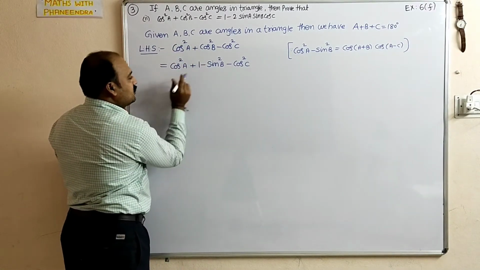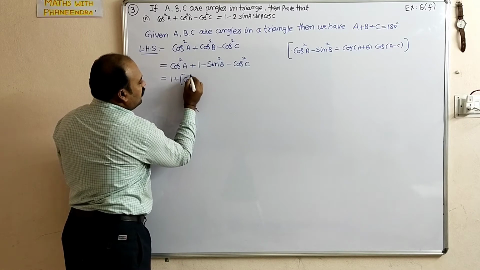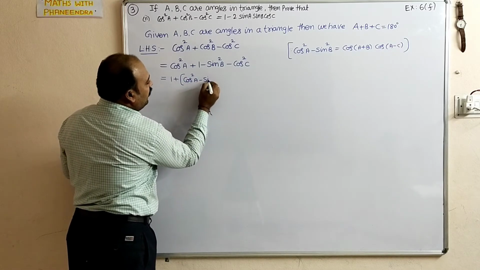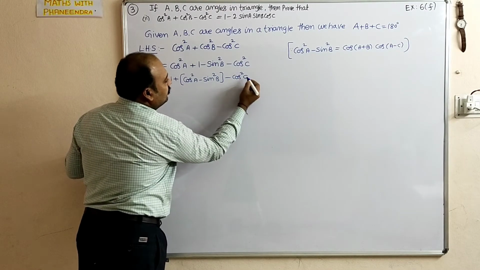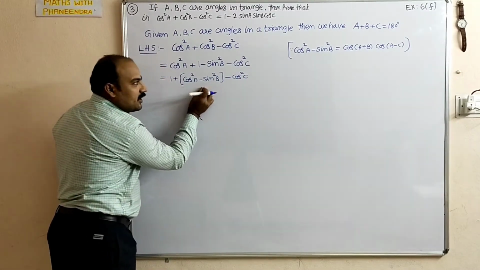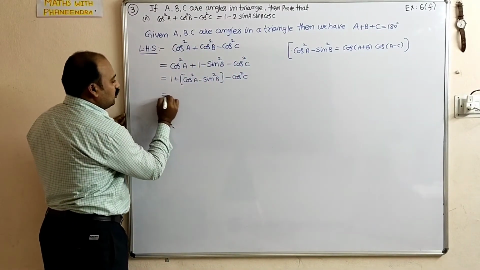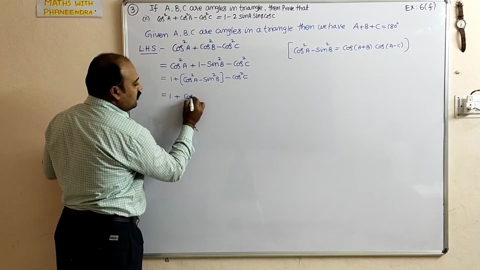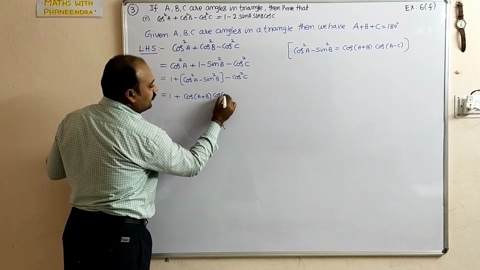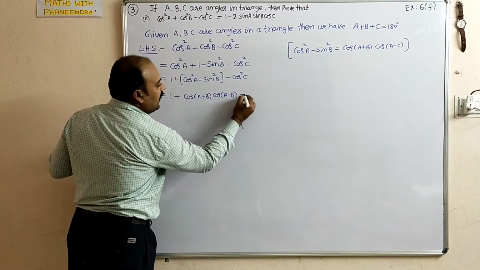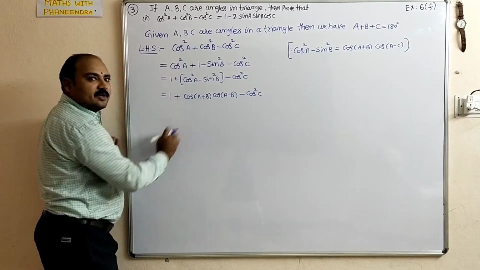So first you have to write 1 plus, keep a bracket, cos square A minus sin square B, minus cos square C. In place of this bracket value, you have to apply this formula, which is equal to 1 plus cos of A plus B into cos of A minus B minus cos square C.